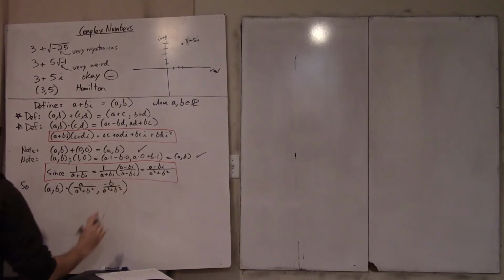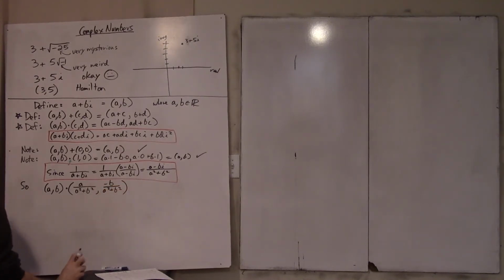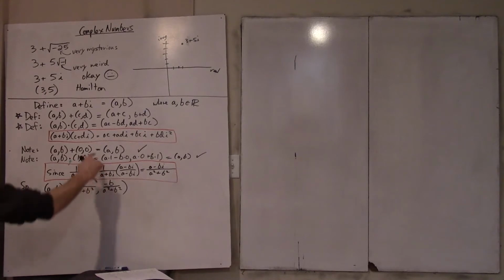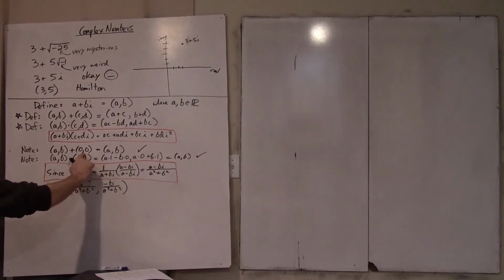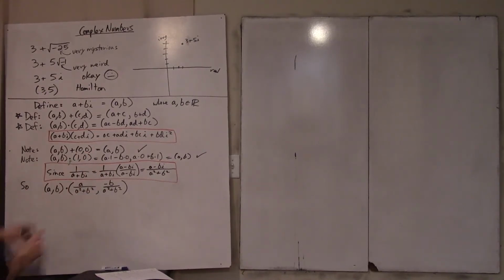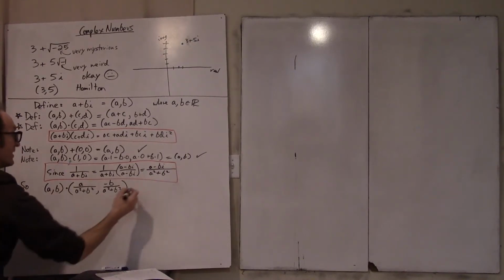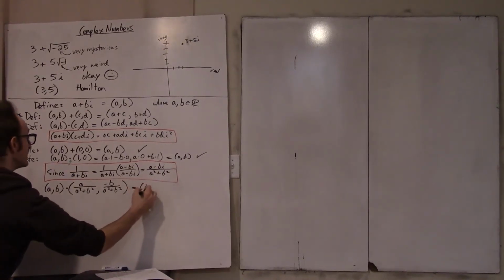Here I note that this doesn't work if A and B are both 0, but in every other case it works. In fact, that shows you that 0, comma 0, the additive identity element, does not have a multiplicative inverse. But for any other number, when you multiply these out, I promise you're going to get 1, 0.